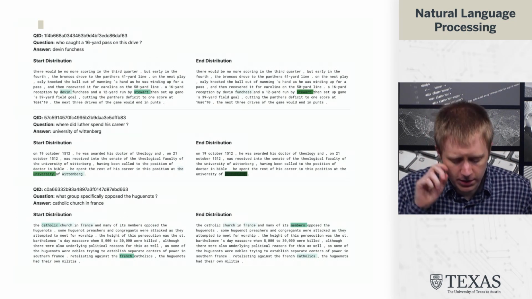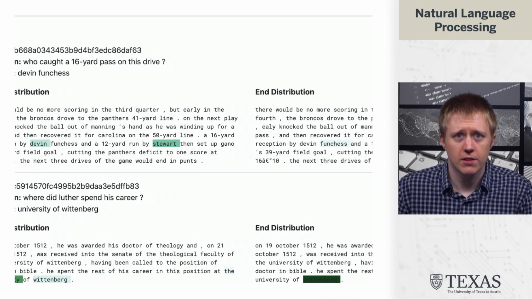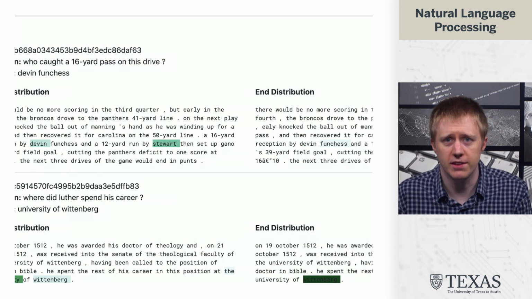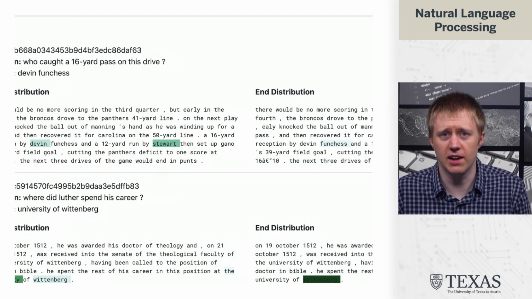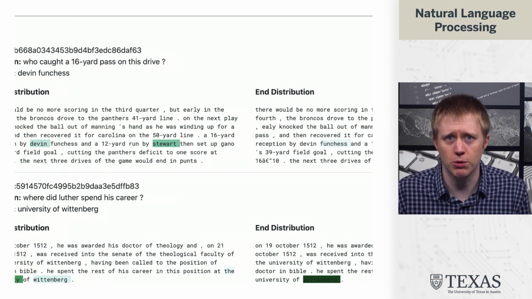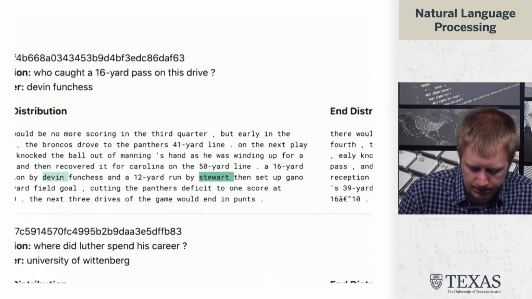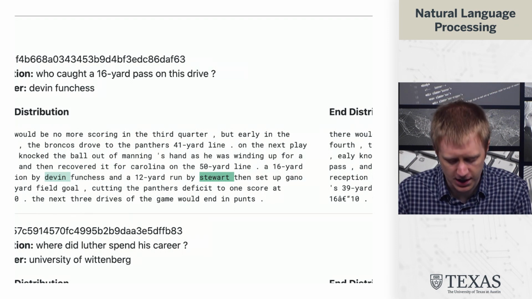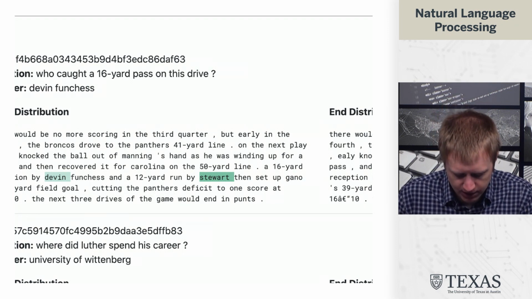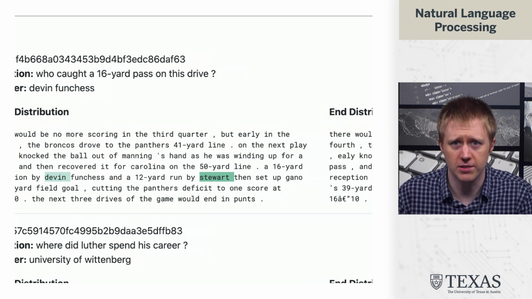All right, so I want to show you what these distributions look like. We have some examples here from SQuAD, the Stanford Question Answering Dataset, which consists of short factual questions and short associated passages. For example, we have: who caught a 16-yard pass on this drive? Devin Funchess. The start distribution, interestingly, places probability mass on two options here, Devin and also Stewart.